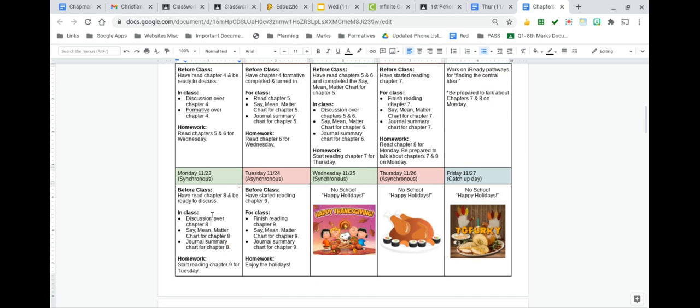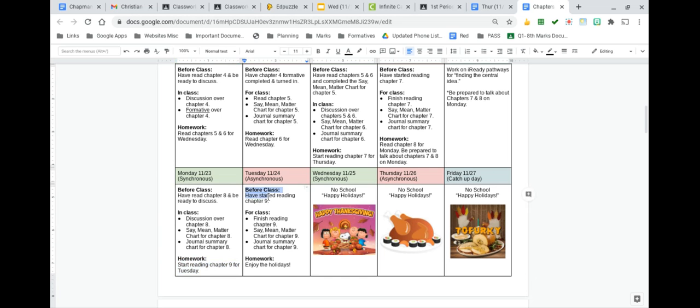Anyway, so before class on Monday, the 23rd, make sure you have read chapter 8 and you're ready to discuss it. During class, we are going to discuss chapter 8. You will complete the say, mean, matter chart for chapter 8 and update your journal for chapter 8. So for homework, start reading chapter 9.